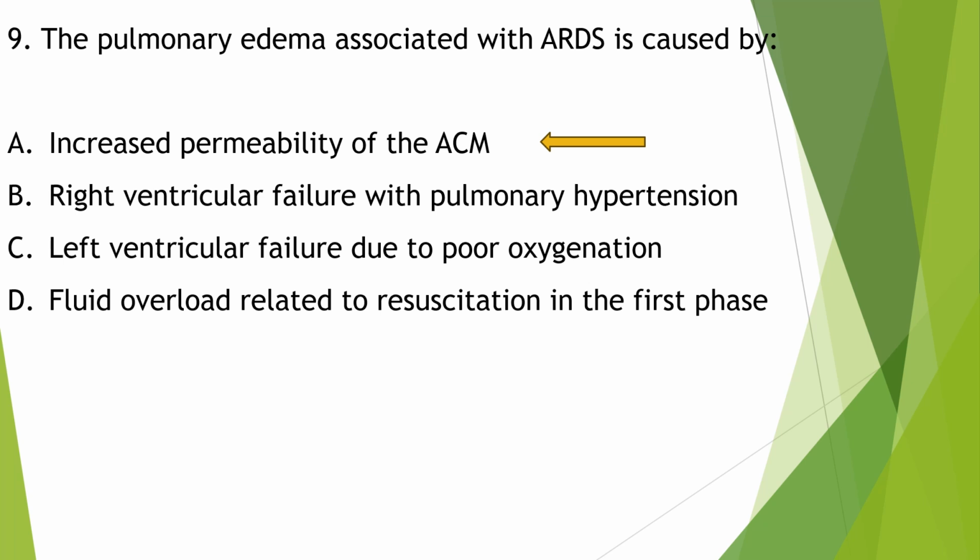The membrane becomes dilated due to the inflammatory mediators, and this disturbance allows fluid to move from the capillaries into the interstitial space and into the alveoli. This results in the pulmonary edema.